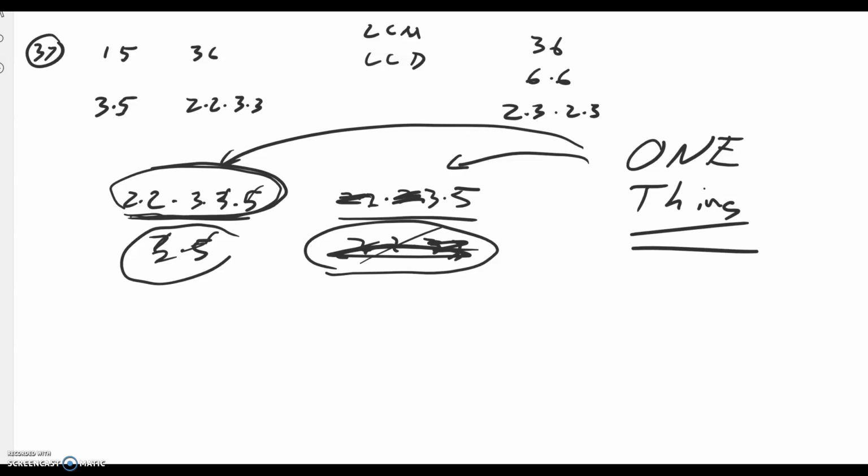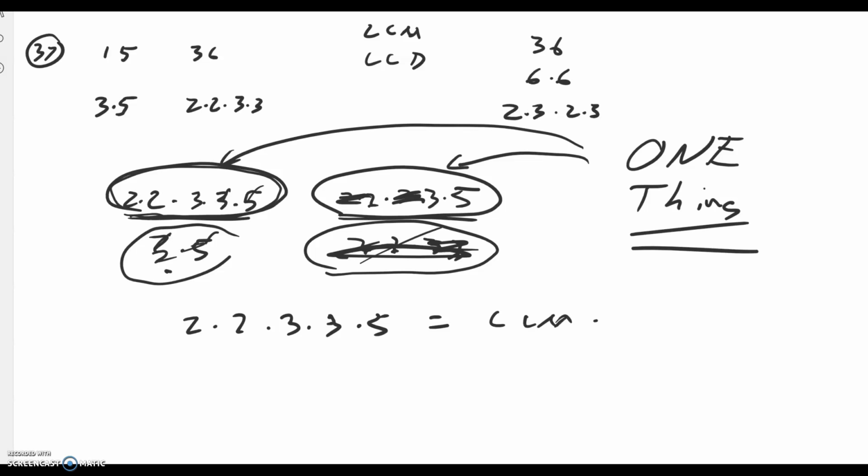That means this thing that is the smallest collection of parts that can cancel both denominators is the least common multiple or least common denominator, depending on how your problem's worded. And so that is 2 times 5 is 10, times 18 is 180. So here the least common multiple is 180.